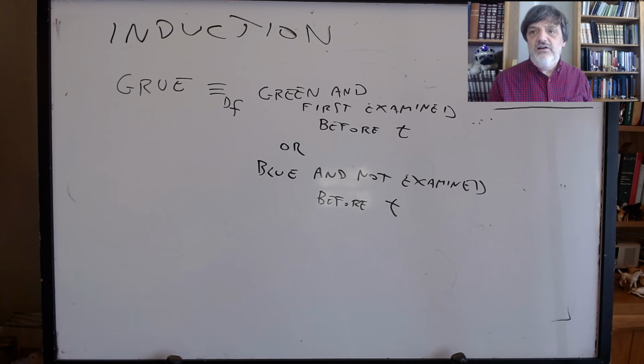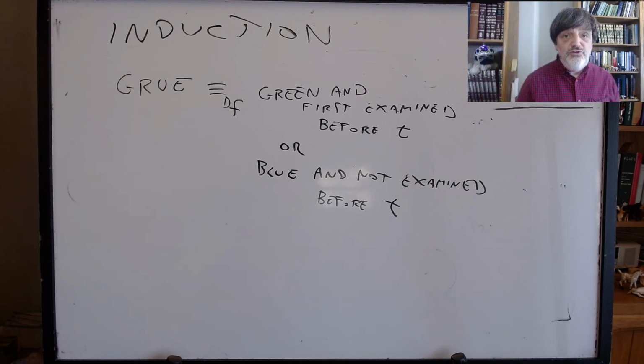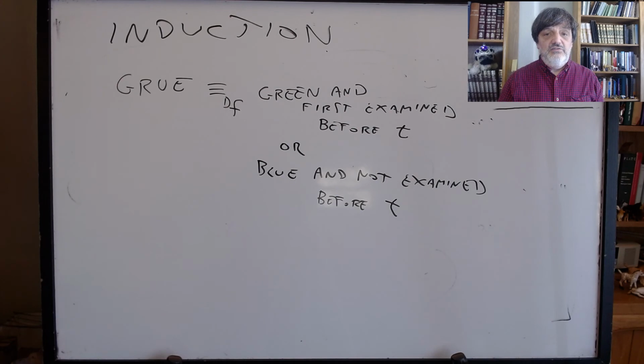Notice that if we assume that green and blue are manifest predicates, then bleen and GRU are also manifest predicates. For the reason I just said, right?